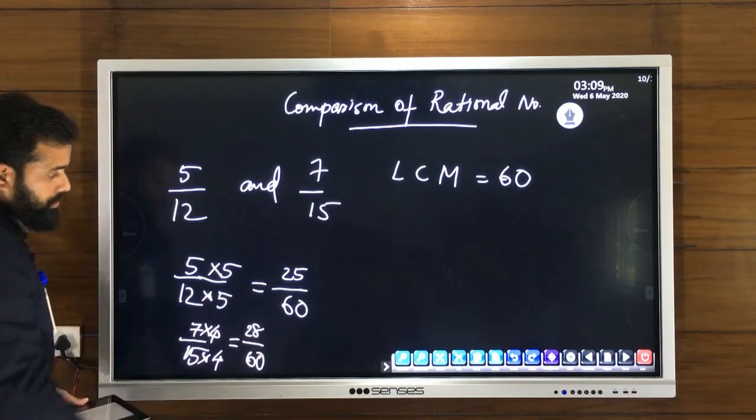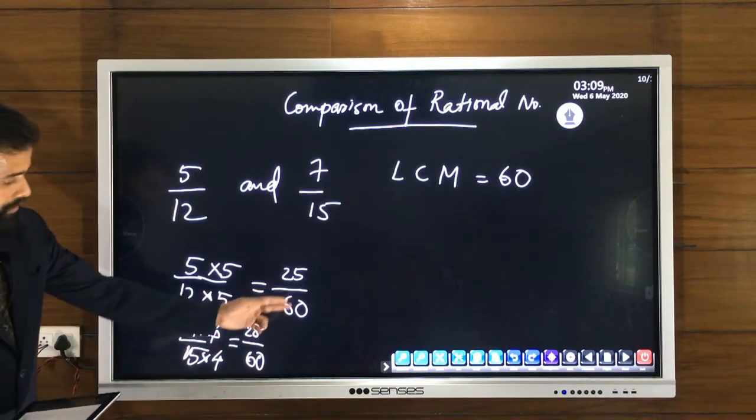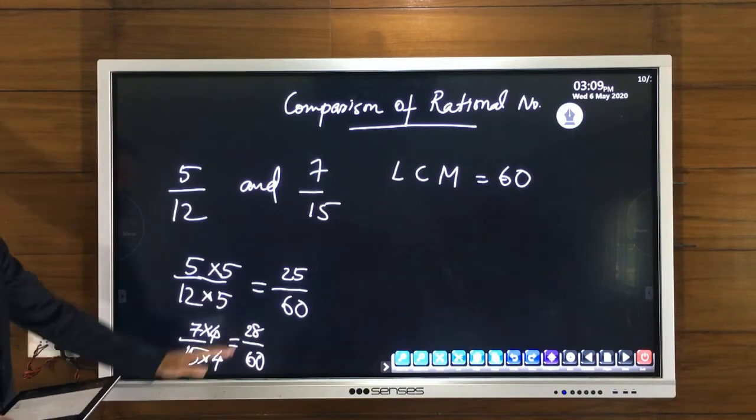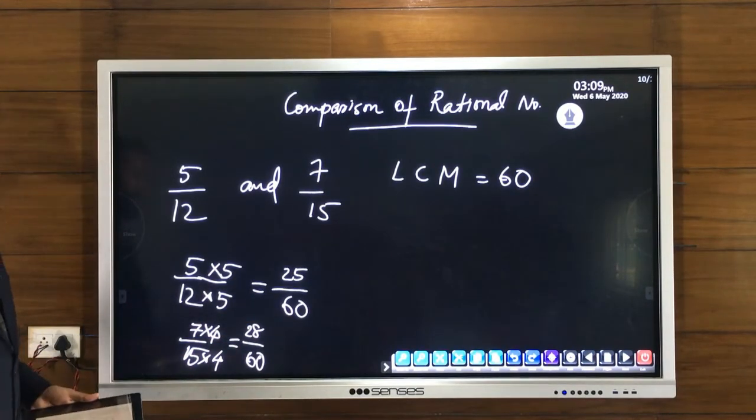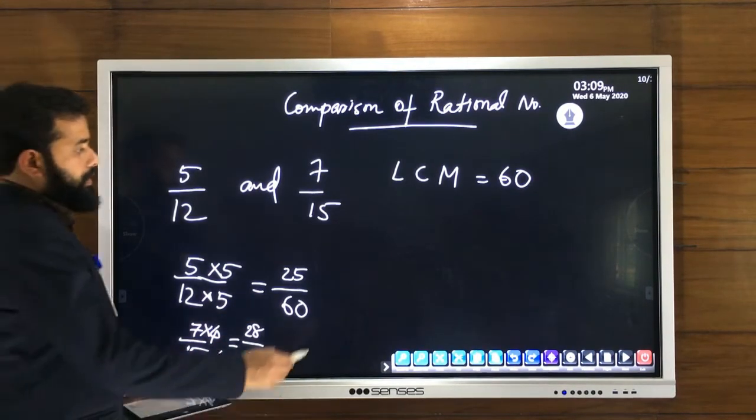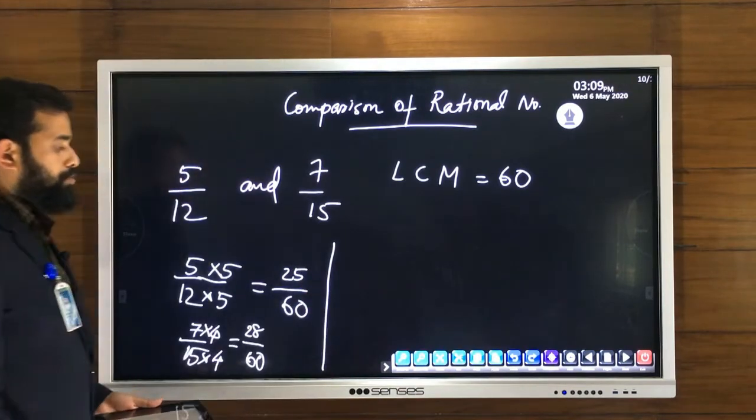Now we can see these two fractions, 25 by 60 and 28 by 60, have the same denominators. After that, now we can compare.